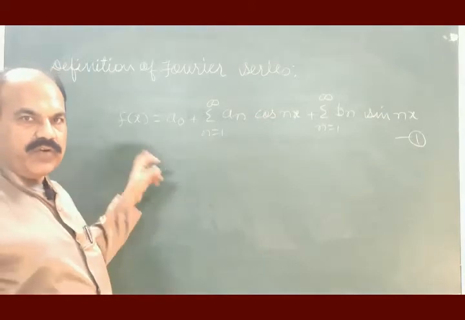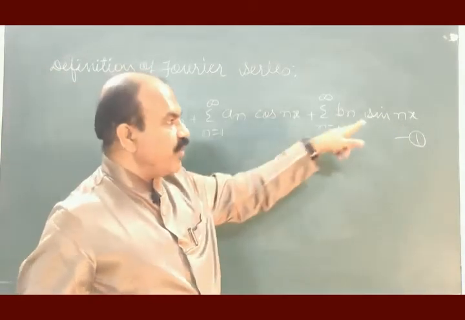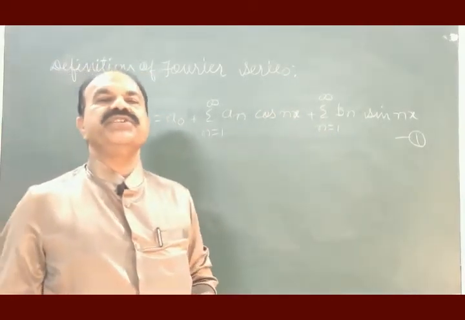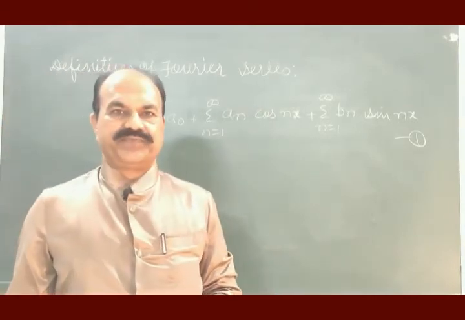If a function f of x is represented in this way in the form of equation 1, it is known as Fourier series representation of the function f of x.